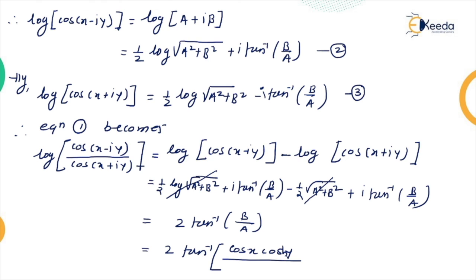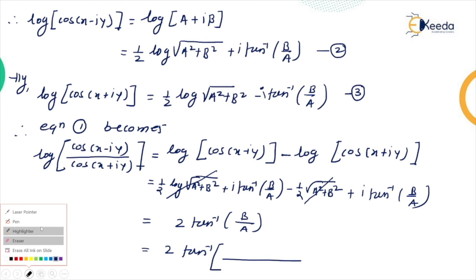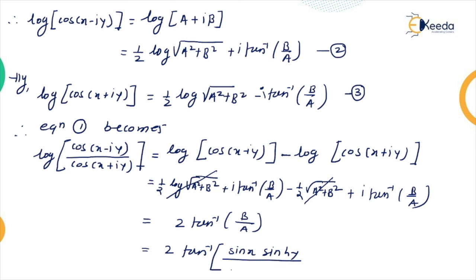So resubstituting a and b, b divided by a is sin x sin hyperbolic y divided by cos x cos hyperbolic y. After resubstituting this, it is 2i into tan inverse of sin x upon cos x, that is tan x, into tan hyperbolic y.